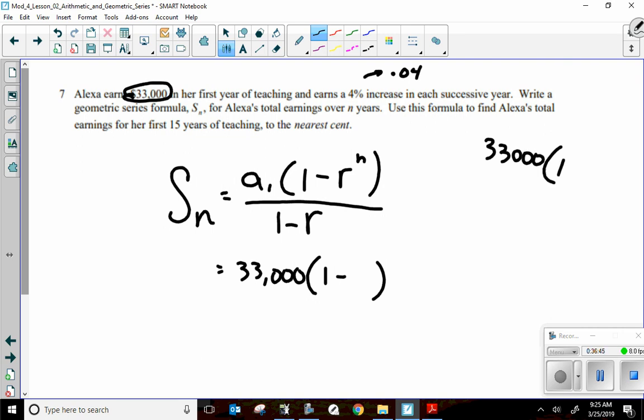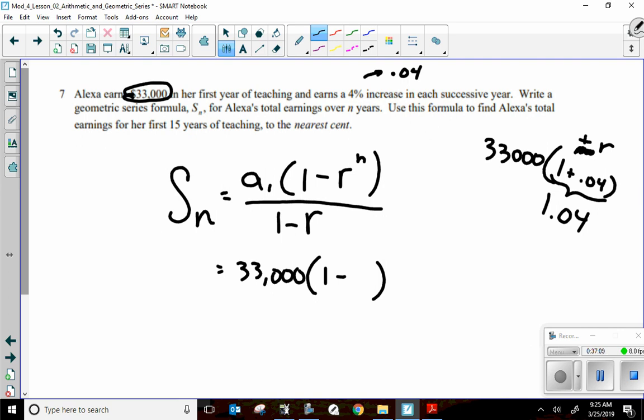Isn't it plus or minus our rate? Our growth is 0.04. So 1.04, if I add these, that's how I get to the next term. I don't multiply 33,000 by 0.04. That would decrease it. So I got to add 0.04 to 1 and then multiply it.